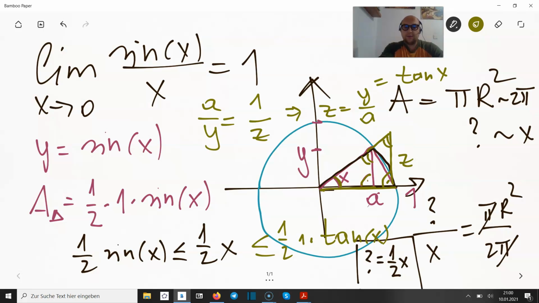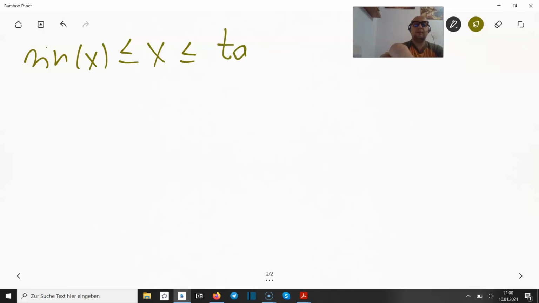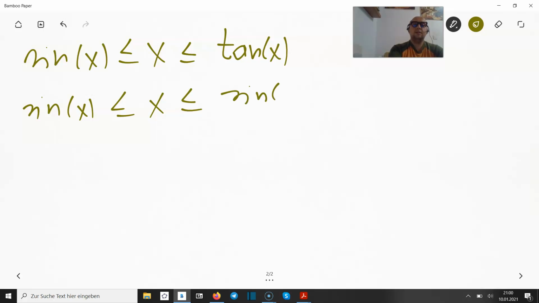See, we can have this chain of inequalities and multiply it first of all by 2. So what we have is sine of x is less than or equal to x, which is less than or equal to tangent of x. But tangent of x is sine divided over cosine. So sine of x is less than or equal to x, less than or equal to sine of x divided over cosine of x.